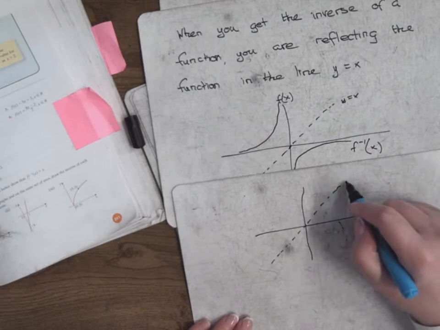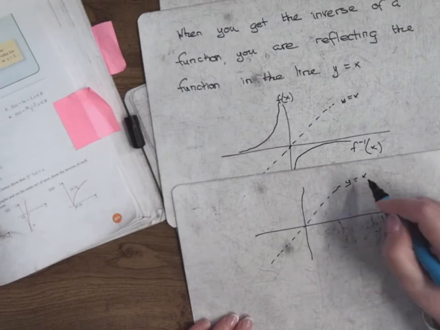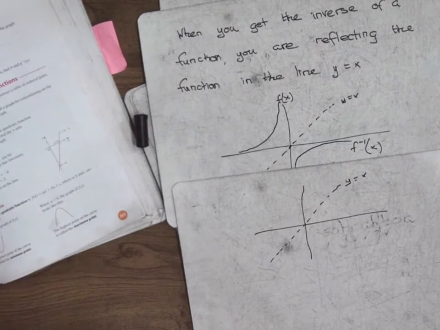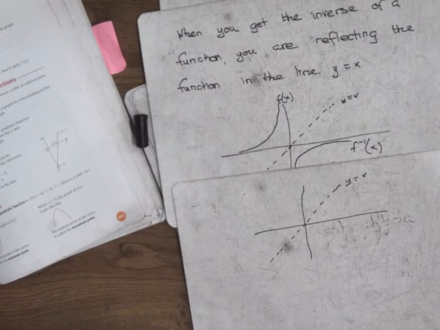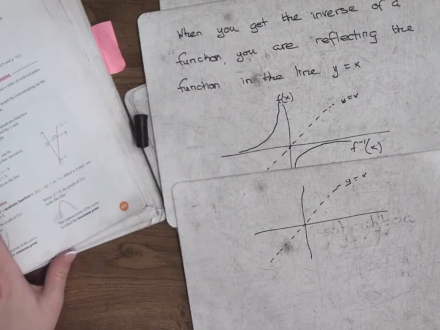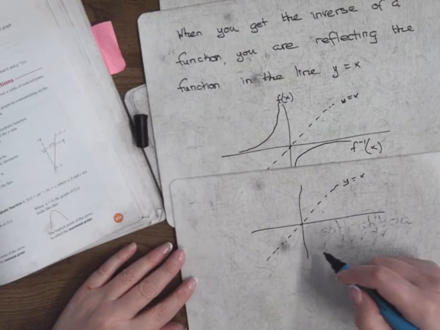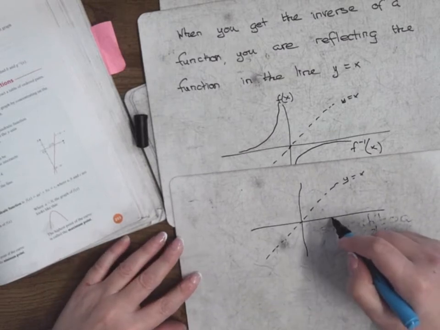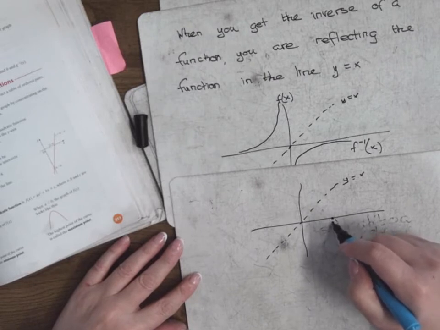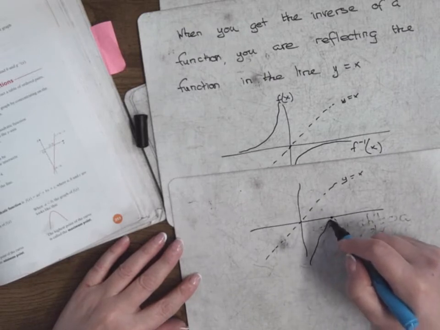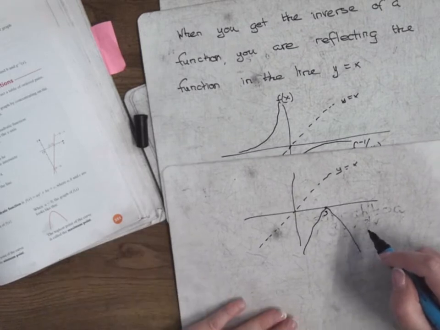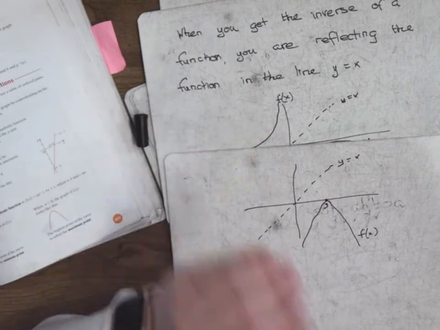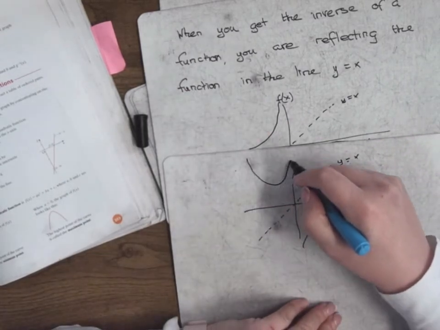The line y equals x goes through 1, 1, 2, 2, 3, 3, minus 1, etc. If you have something like this, and that's f of x, and you were to fold it over that line, you would end up here somewhere.